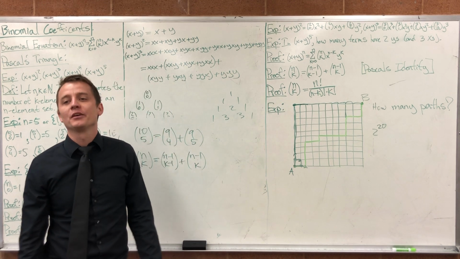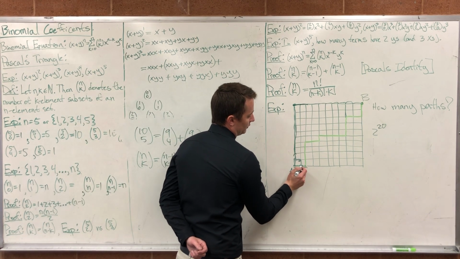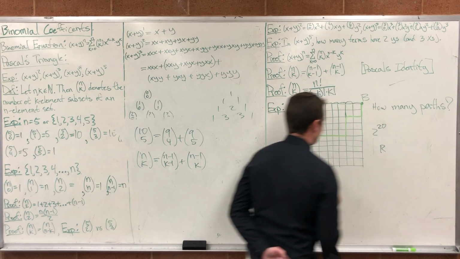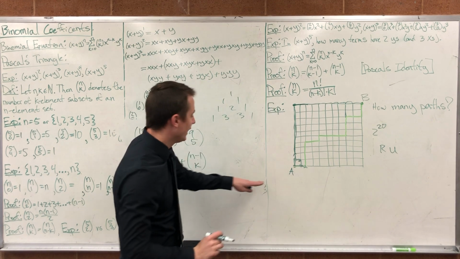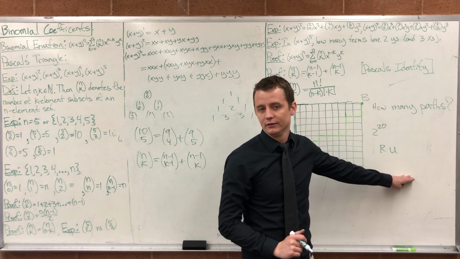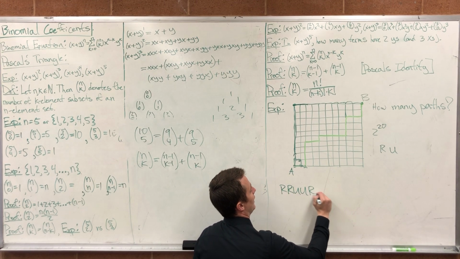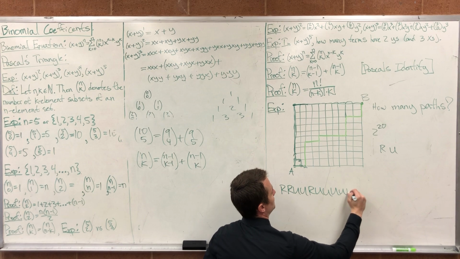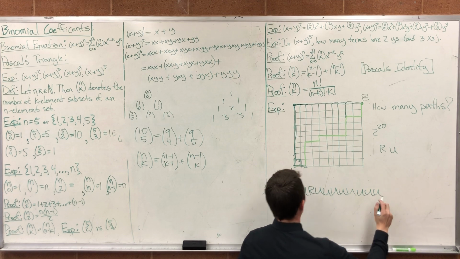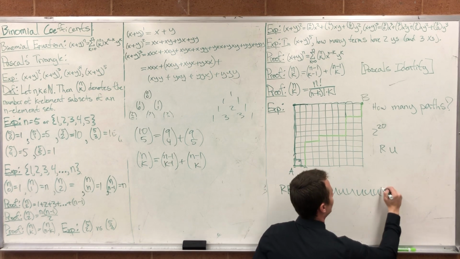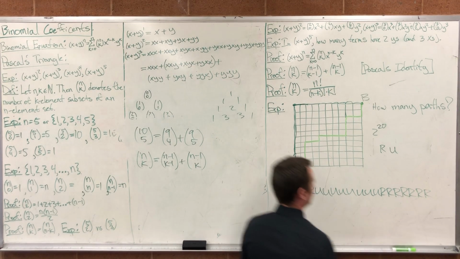Alright, let's try another way of thinking about this. If I go over this way, I'll think about that as going to the right. And if I go up, I'll write that as going up. Then I could write out my directions for the path I took. One possible path might be right, right, up, up, right, up, up, up, up, up, and so on, 20 moves in total.